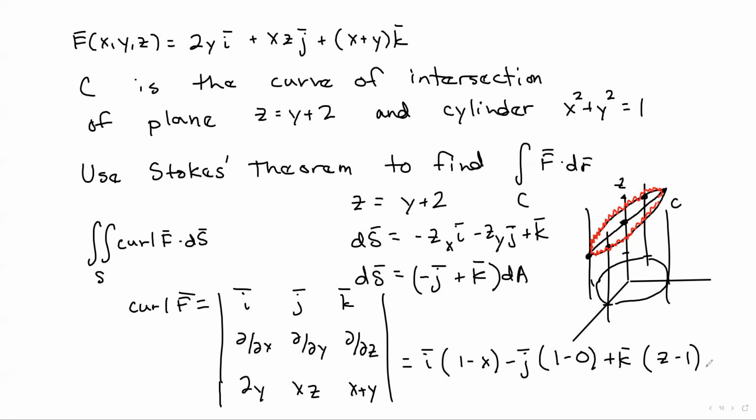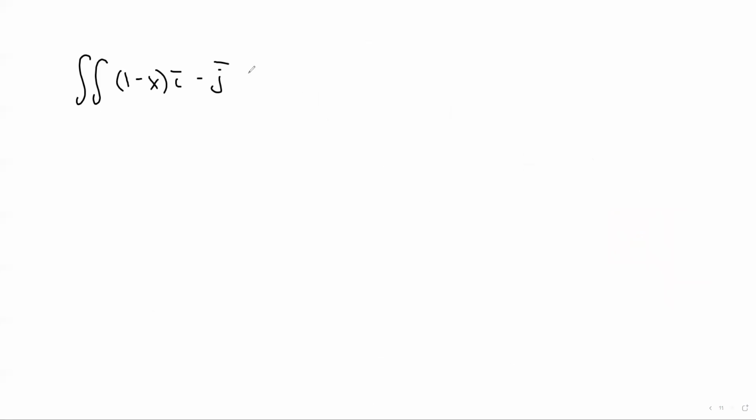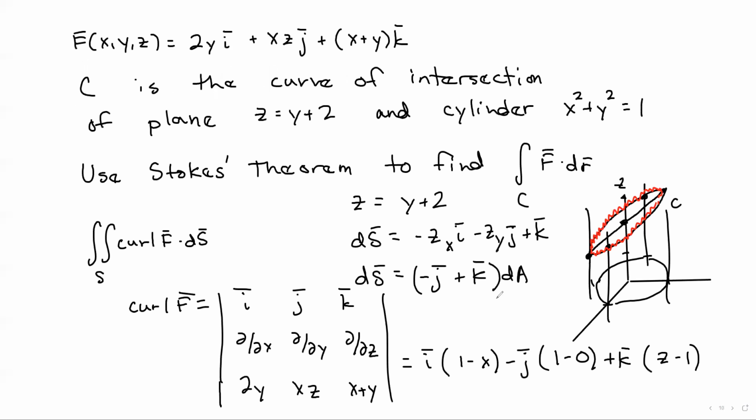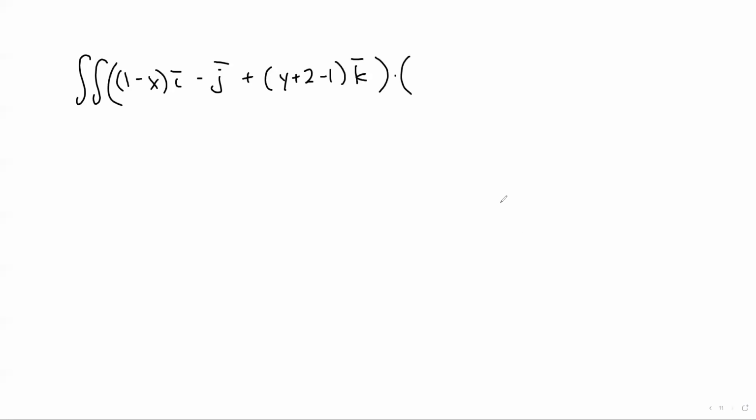So we're going to have y plus 2 minus 1 k. And then we're going to dot that with negative j plus k over D. And D is going to be the shadow of our object. We'll discuss that in a second. Actually, let's just go ahead and simplify this. So we've got y plus 2 minus 1. That's going to be y plus 1.